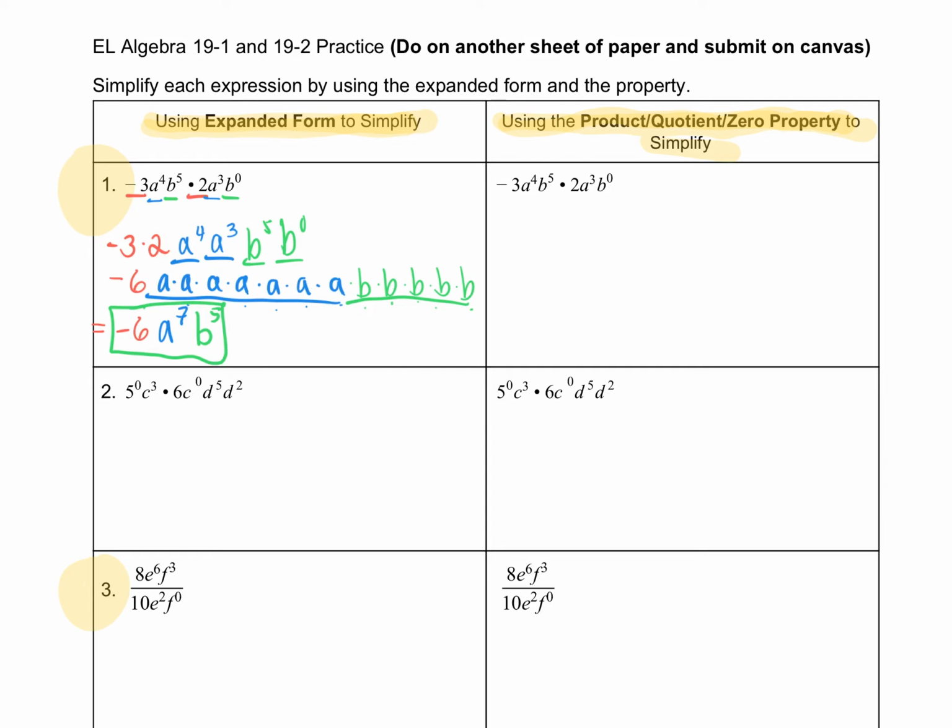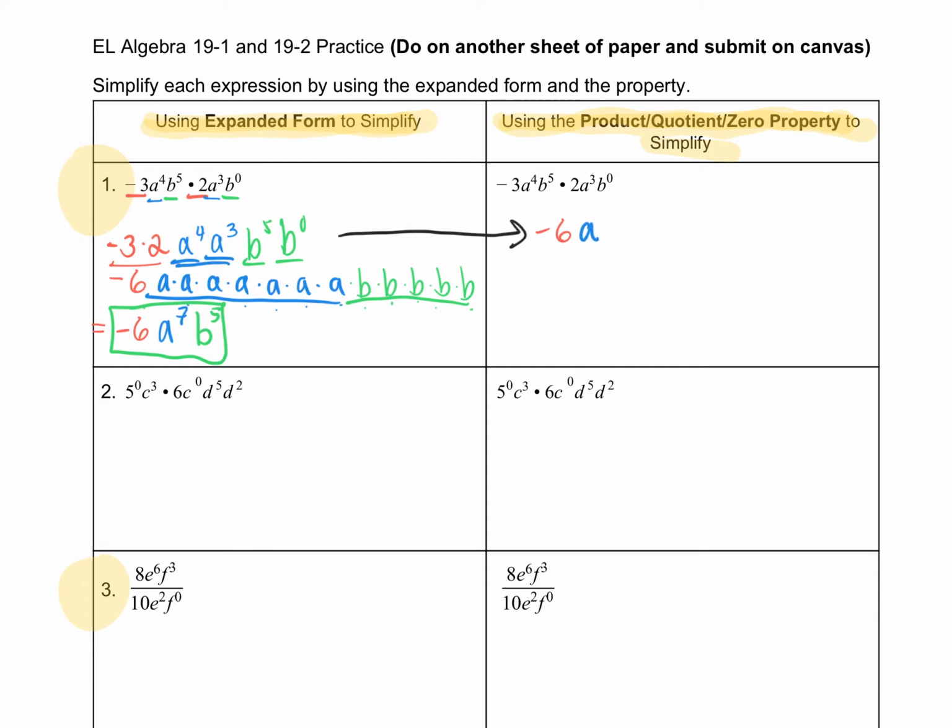Now let's go on the other side where we're going to use the properties. So I want to kind of go off of what I already have on this first step, but I'm going to write it a little bit differently on the other side. So again, I can go ahead and write the -6 in the front because -3 times 2 will give me -6. But then the product property is what I'm going to use because these are being multiplied.